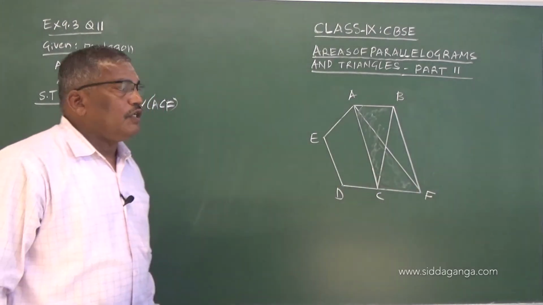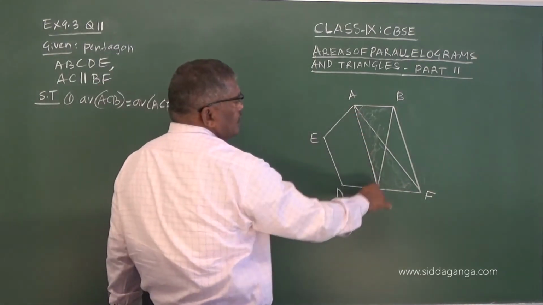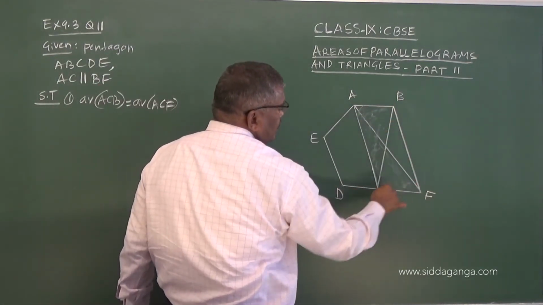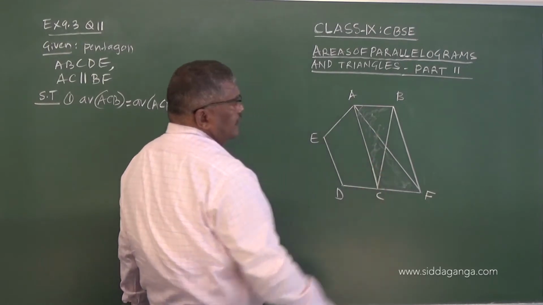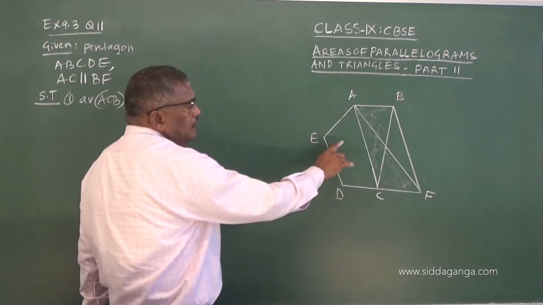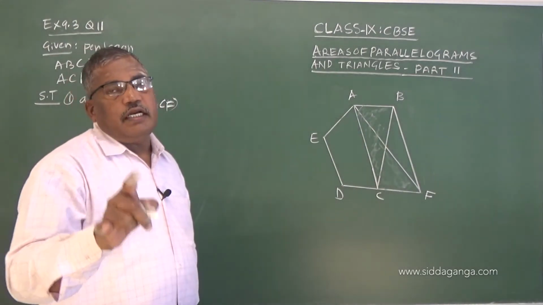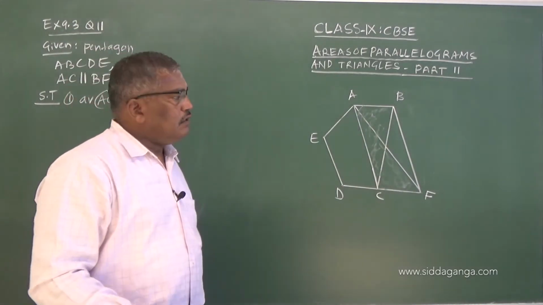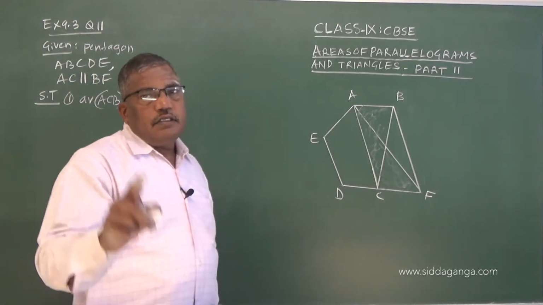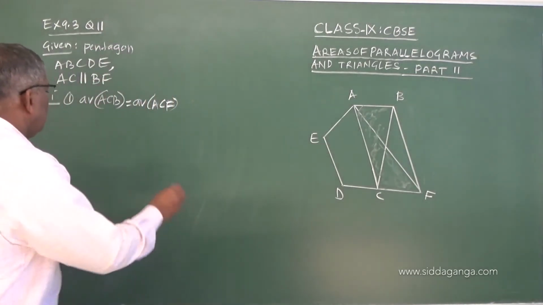You can clearly observe these two triangles, they are resting on AC, and it is given AC is parallel to BF. So, two triangles resting on a common base and between two parallel lines, the areas are equal.